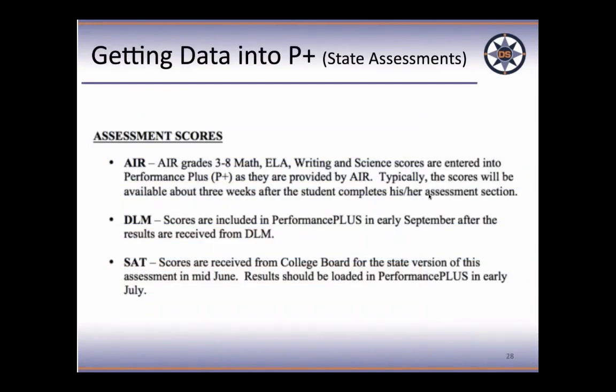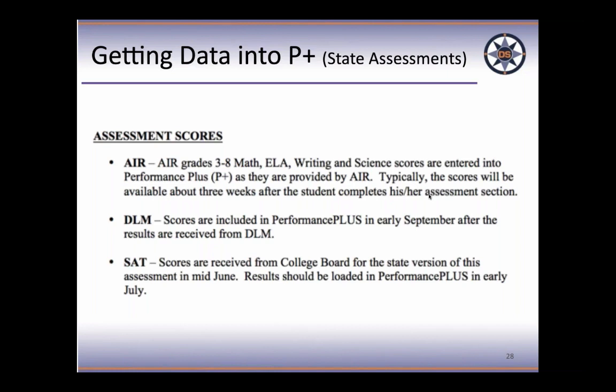So the state assessments are the AIR assessments, the DLM, which should have been on the previous page, and the SAT scores. AIR is math 3 and ELA 3 through 8, and the science scores for 5, 8, and 11. That data comes in about 2 weeks after the students finish the test.